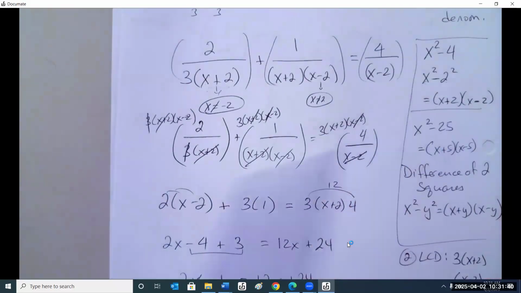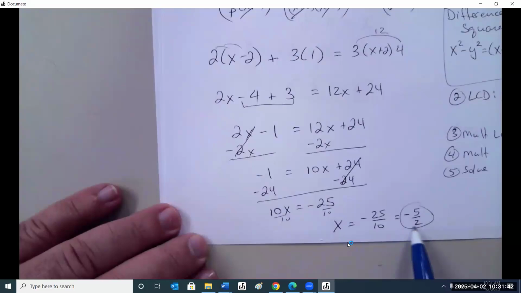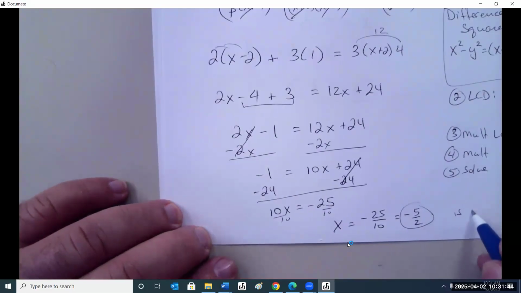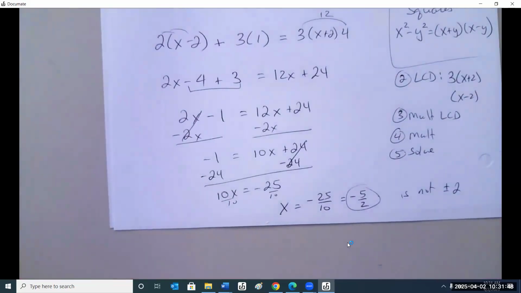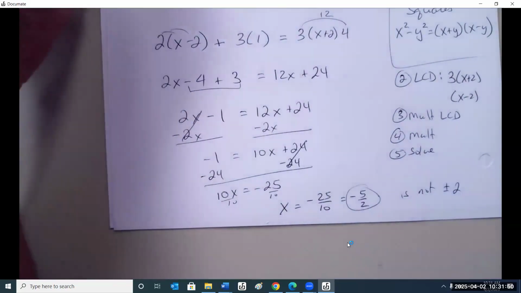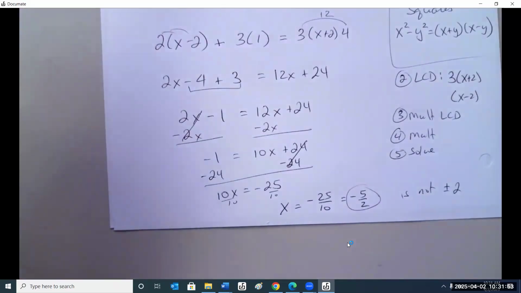It's a vertical asymptote. I can't have those two. So as long as this answer is not 2 or negative 2, I'm good to go. So those are rational equations. Whenever you have fractions, get rid of the fractions, and there you have it.